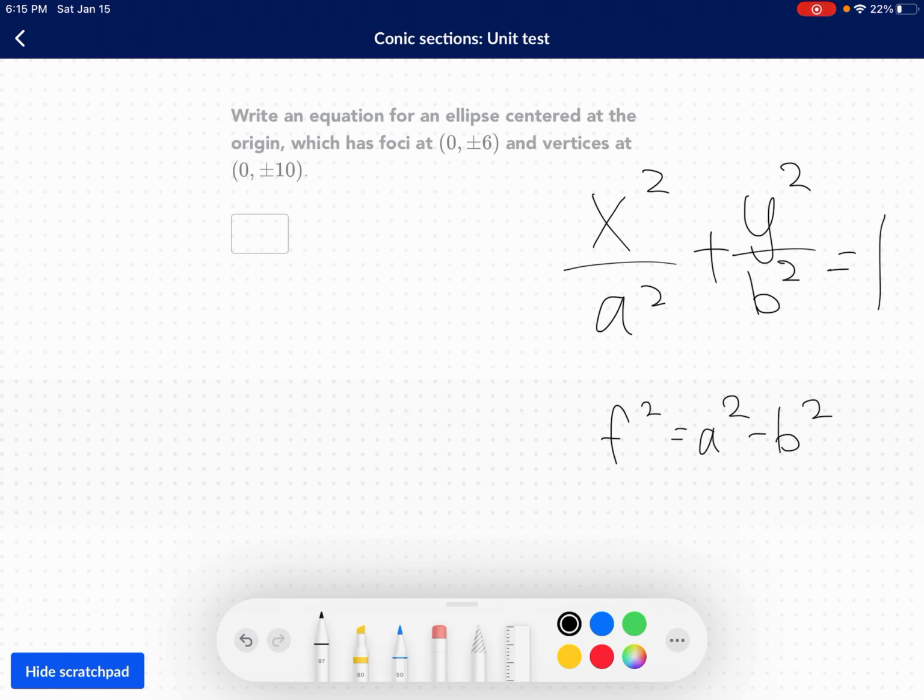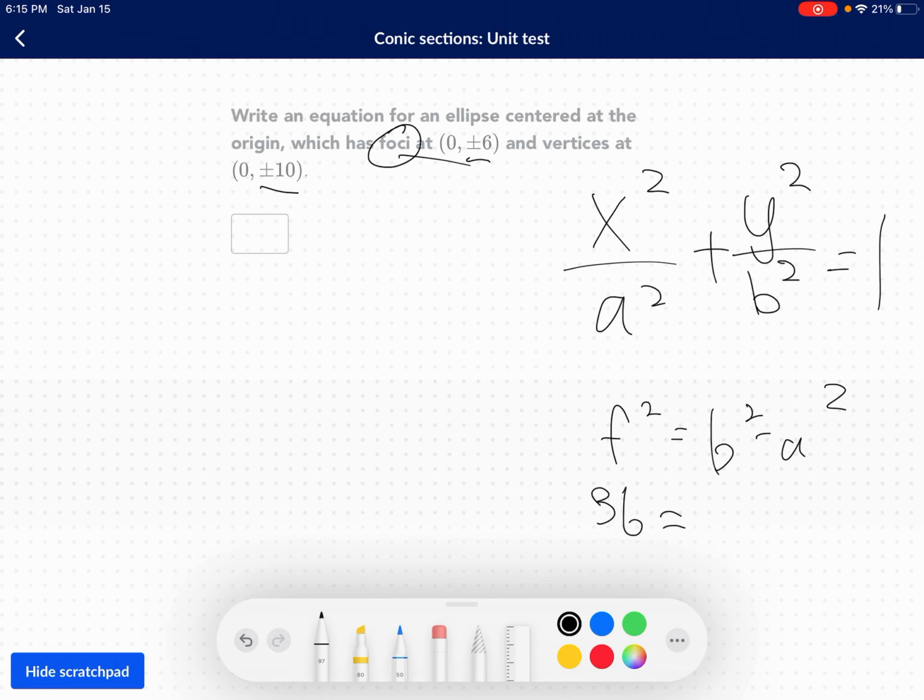It's towards the y direction, so the major length represents b. So I'll rewrite this as b squared minus a squared. The focal length squared is 100 equals the major length minus a squared. No, this is 36. The focal length squared is 36. Foci at 36, vertices at plus or minus 10.